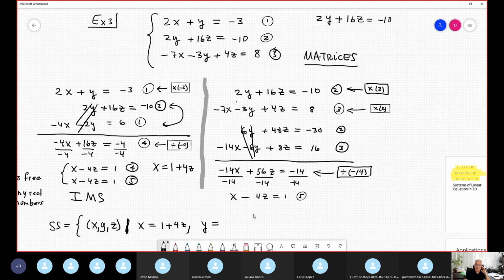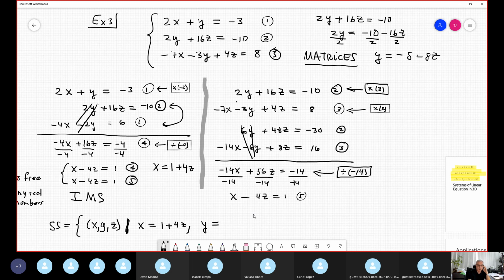And you can solve y as a function of z, which I declared as a free variable. 2y is equal to -10 minus 16z, divided by 2. And y alone is -5 plus 8z. Plus, no, minus. Yeah, both negative. Minus 8z.